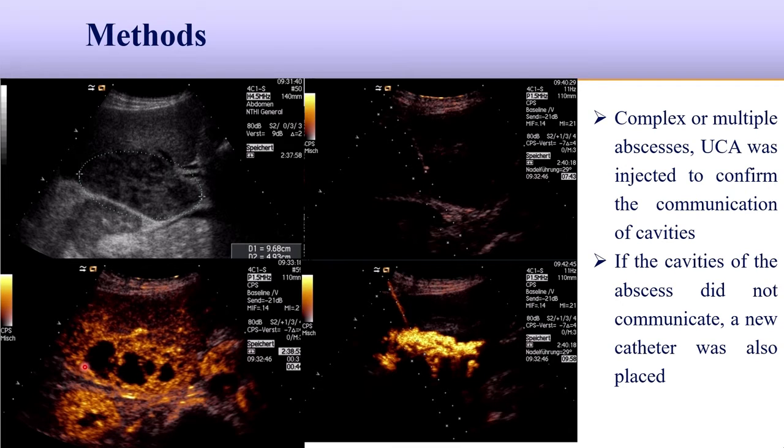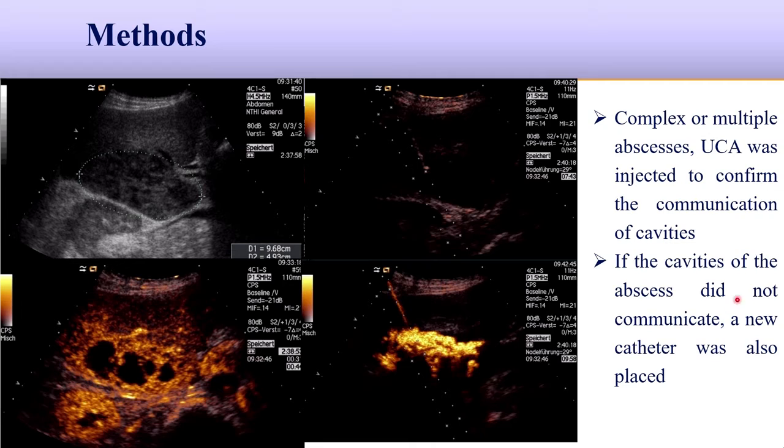For the complex multiple abscess, we injected contrast agents into the abscess to confirm if there is communication between cavities. For example, this is a complex liver abscess. It has several cavities, and here we can see there's communication between the cavities.